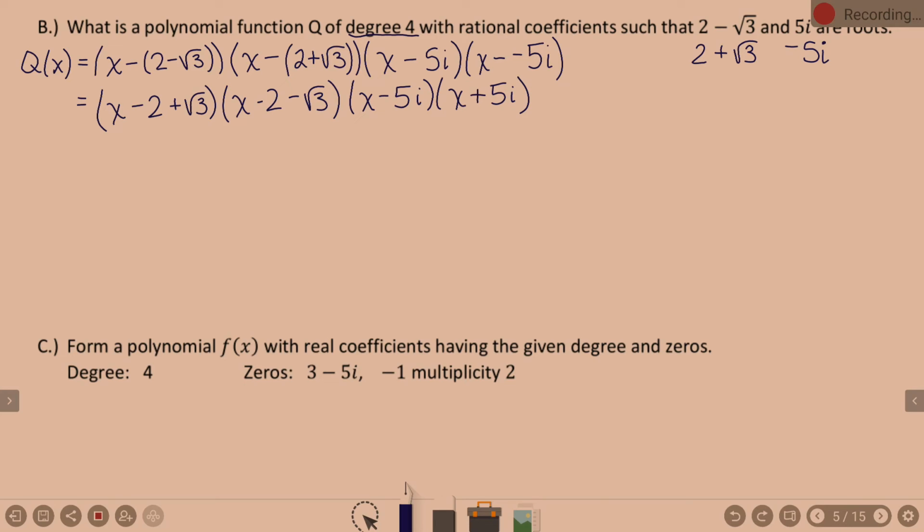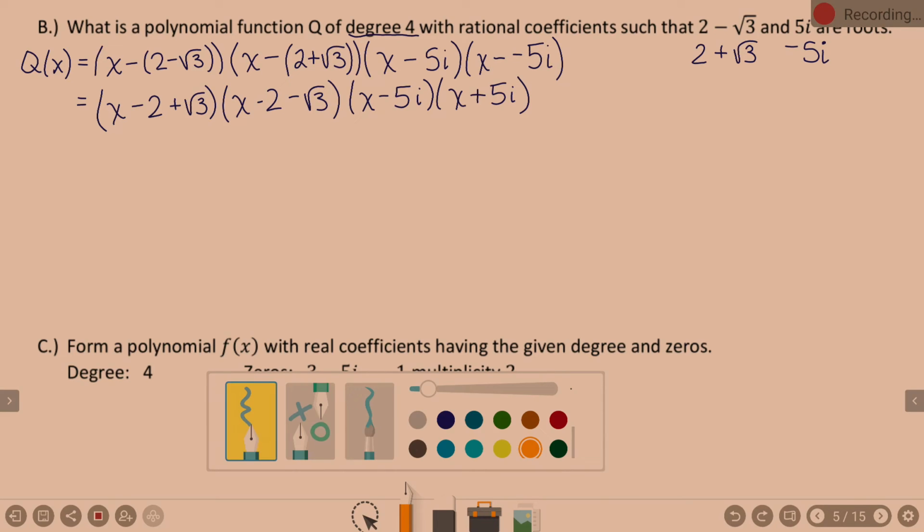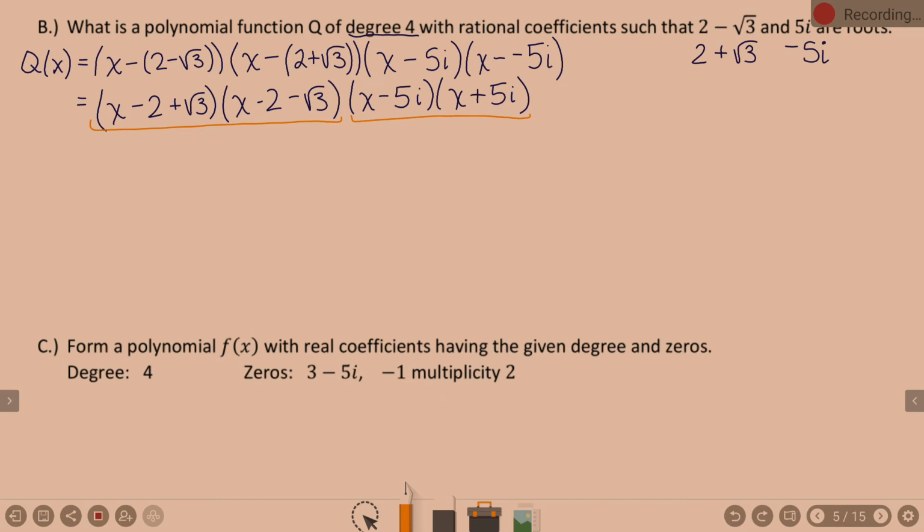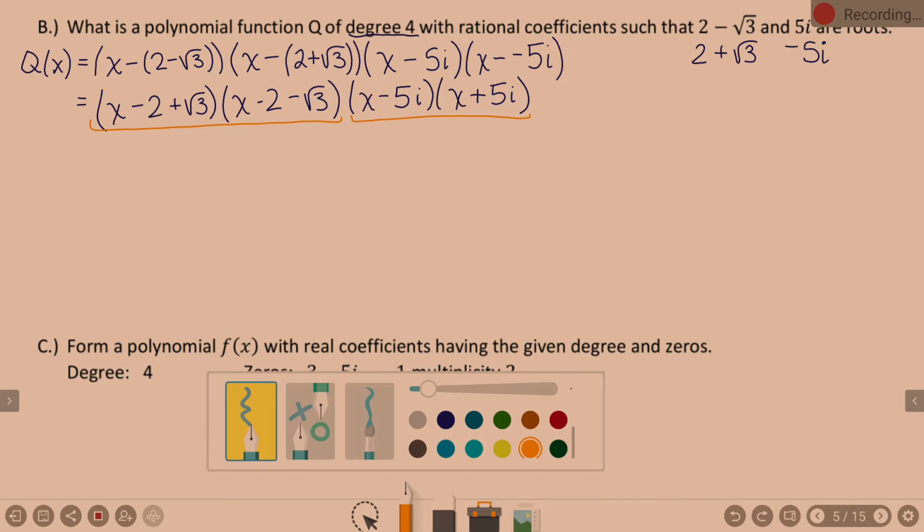Okay. Got your multiplication brains on? Okay. What I'm mentioning here, we're going to multiply these two. We're going to multiply those two. We're going to get an answer. We're going to get an answer. And then guess what? Multiply them again. Okay? Let's do it.